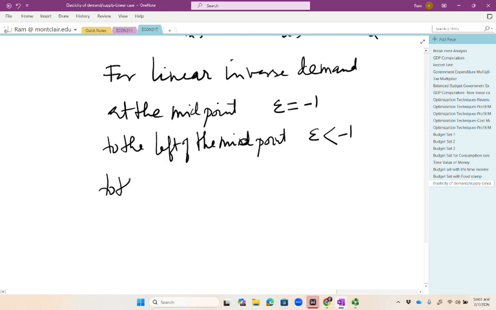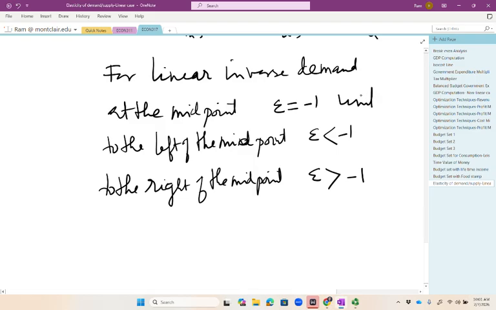To the right of the midpoint, elasticity will always be greater than -1, so inelastic. So this is unit elastic, elastic, and this is inelastic.